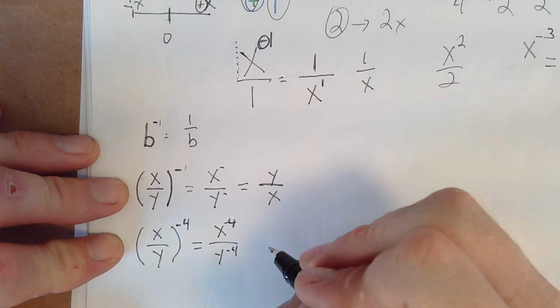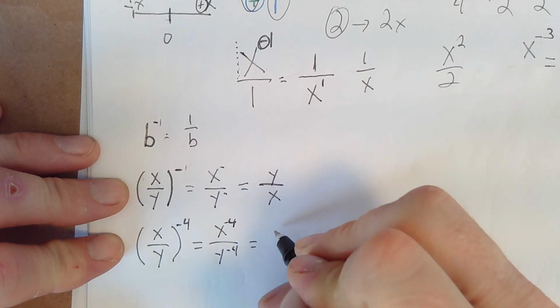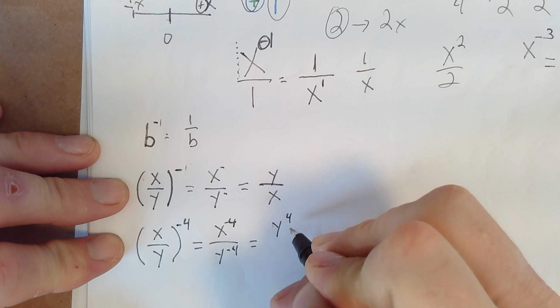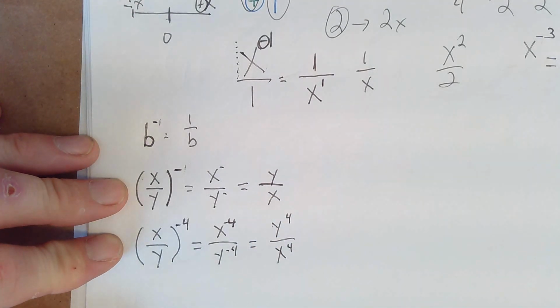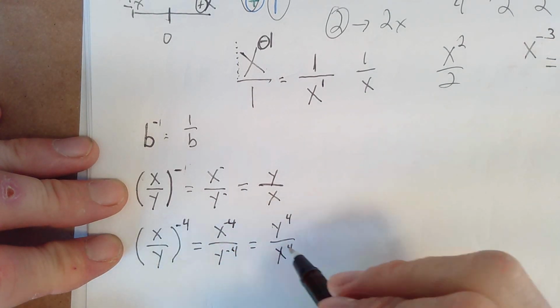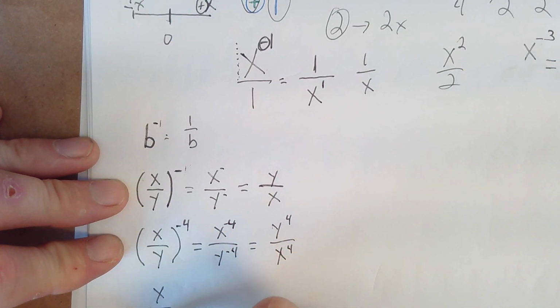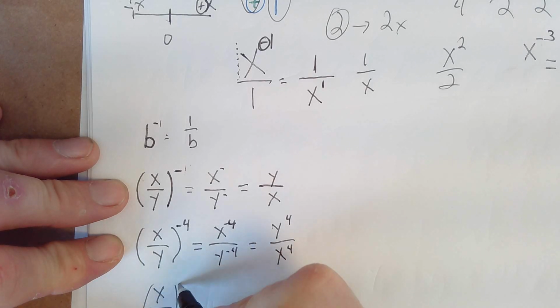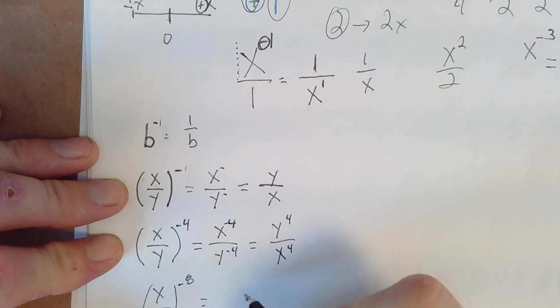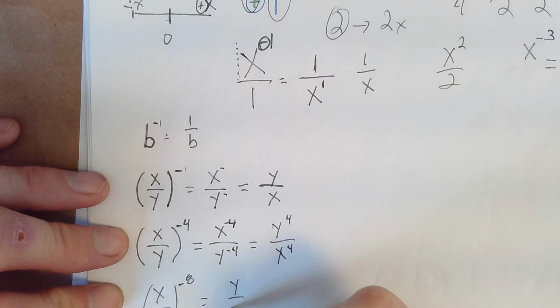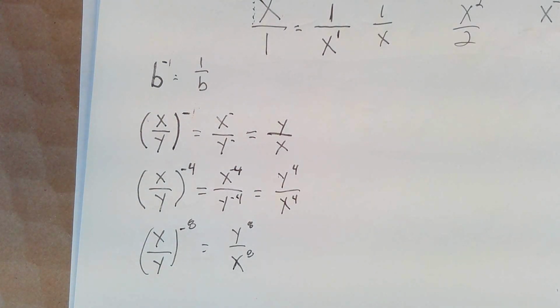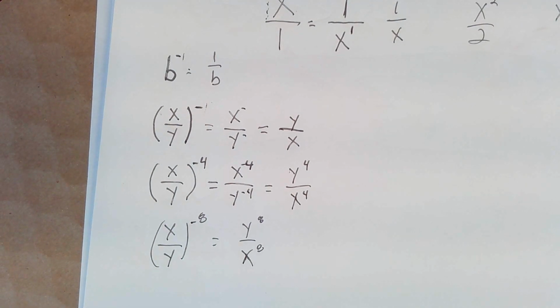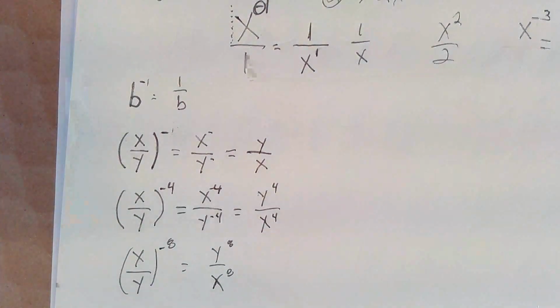And so you can then expand this to y to the fourth over x to the fourth. Right? So you can make that jump right ahead. You can be like, okay, x over y to the negative eighth, and you'd be like, okay, well, I'm just going to flip it and apply it: y over x to the eighth. You can do it all in one step if it pleases you. Okay? So that's where that comes in handy.